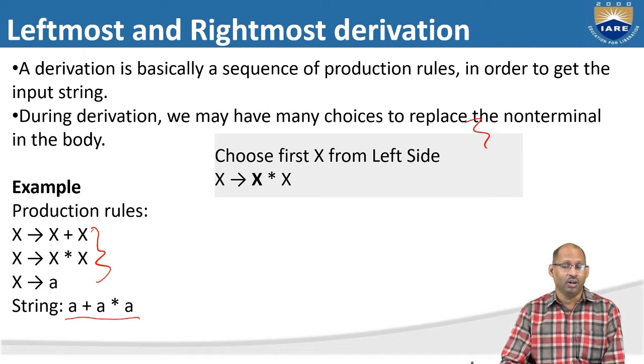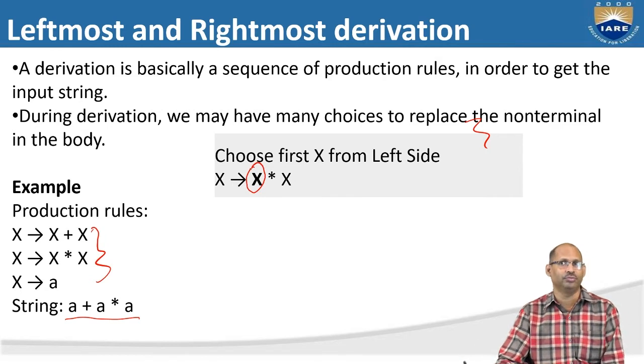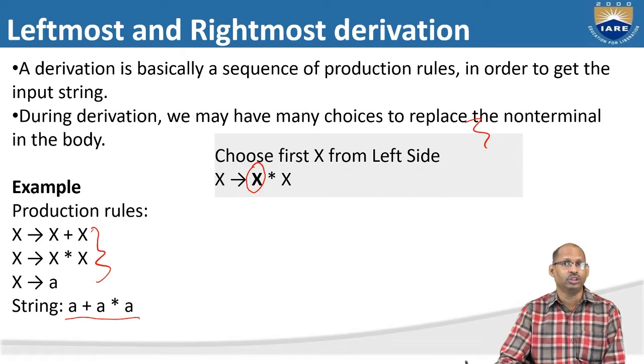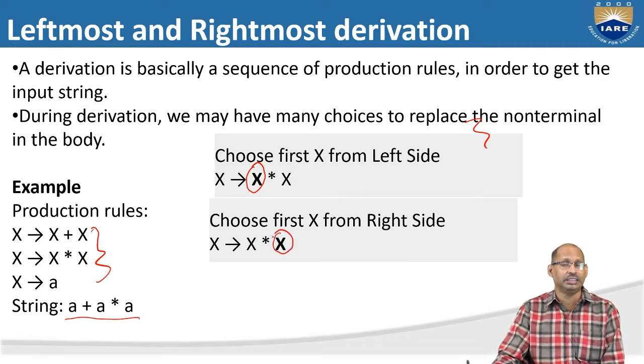If we always replace the left end variable, if we choose the first one from the left side, then the derivation is leftmost derivation. If we always choose the right end variable, then we refer to it as right linear or rightmost derivation.